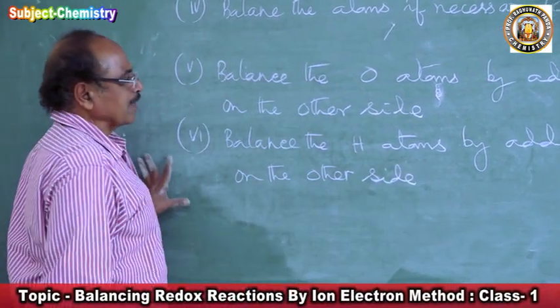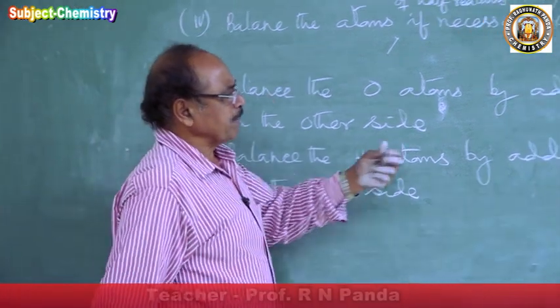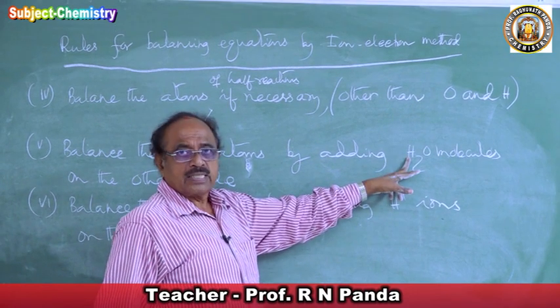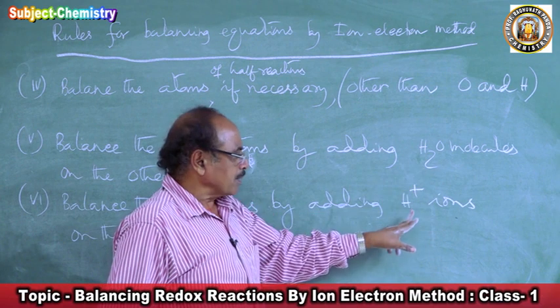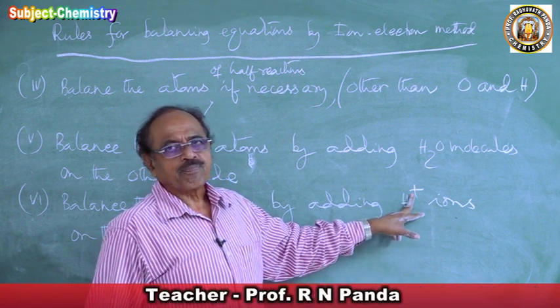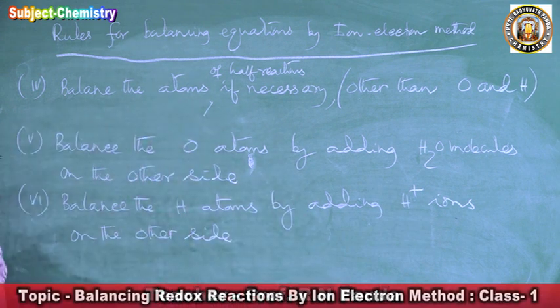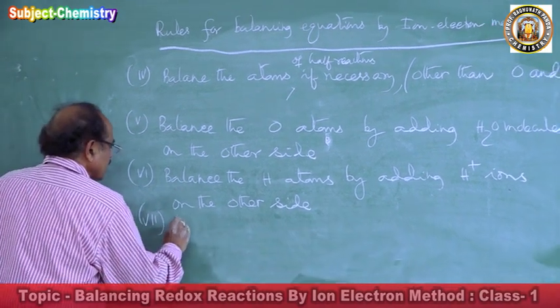So now hydrogen atoms are balanced, oxygen atoms are balanced. But what has happened? The charge increased. We have taken water molecules, but we balanced the hydrogen atoms by adding hydrogen ions. So positive charge is increasing. Next is what? Balance the charges.